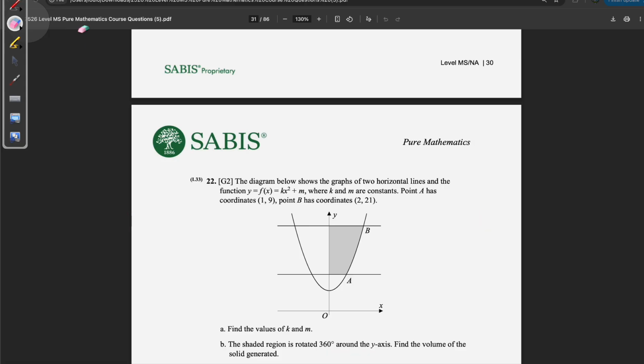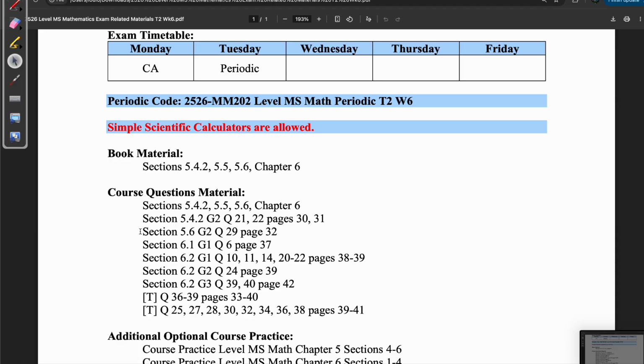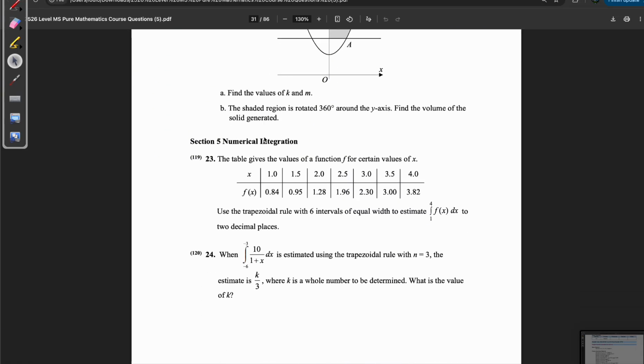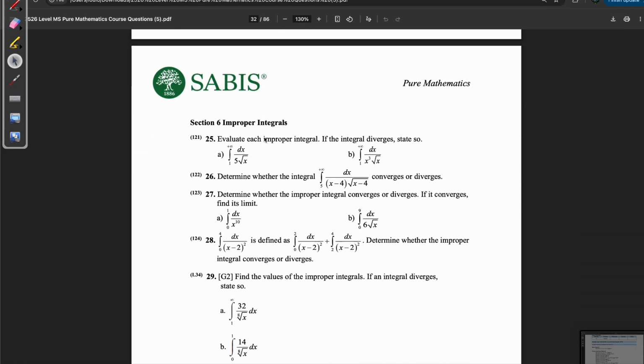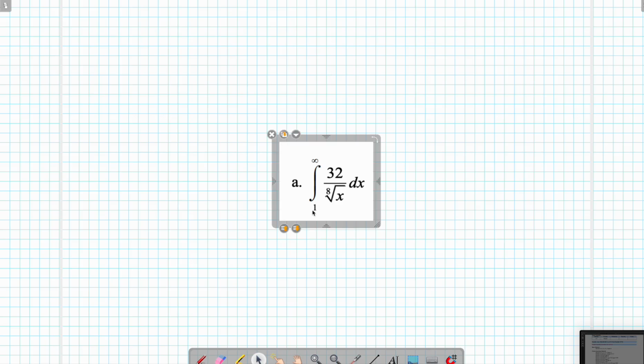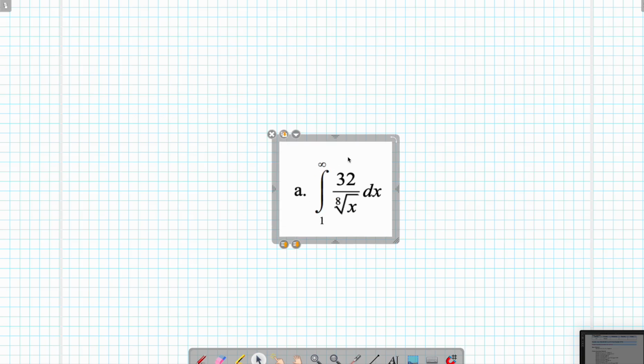And now that we're done with question 22, we should move on to section 5.6, G2, question 29. So question 29, right here. Find the values of the improper integrals; if an integral diverges, say so. So I'll just work with it one by one.